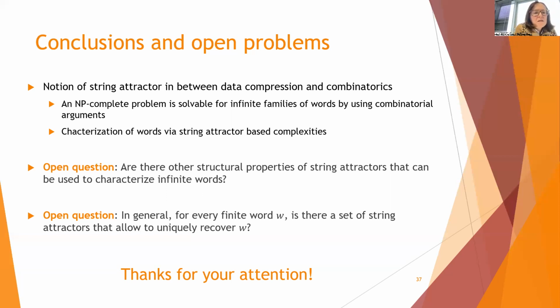So you said that it's NP-complete to compute gamma star for a random word. And then you have families of words where you can compute it. Do you have a formula for these words? Or is it computable in polynomial time? And for instance, if you have an automatic sequence, is it computable in polynomial time? Well, in the work of Schaeffer and others, they showed how it is possible to build an automaton which returns these positions.